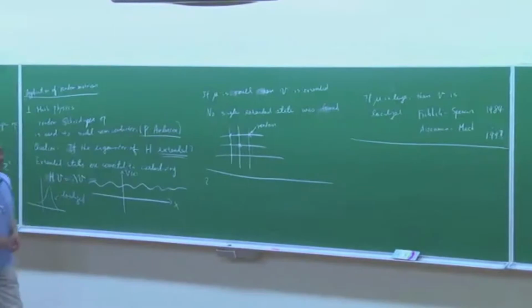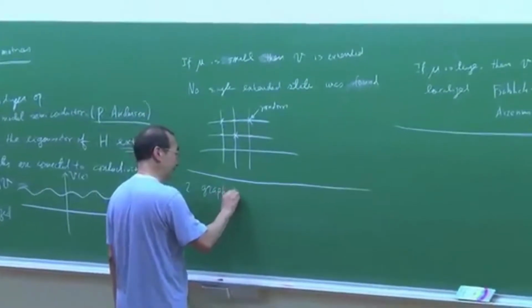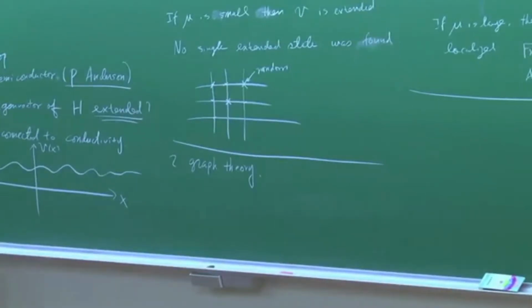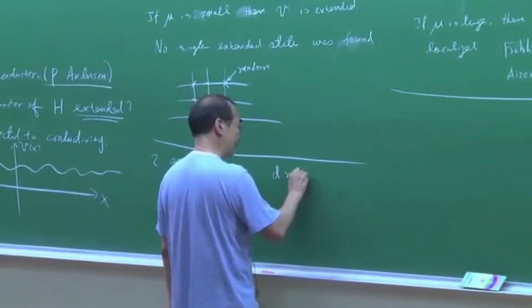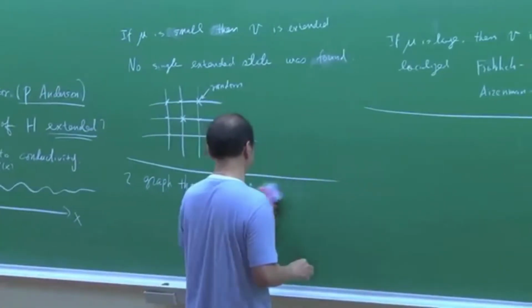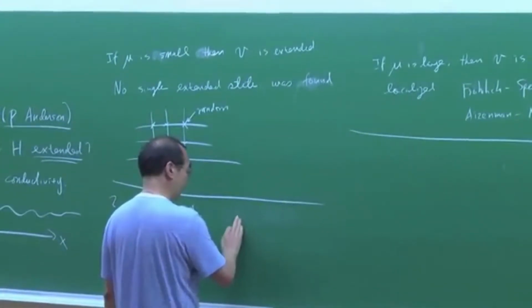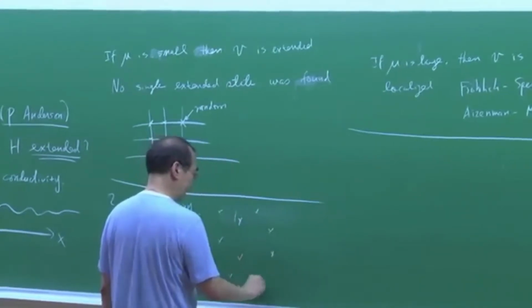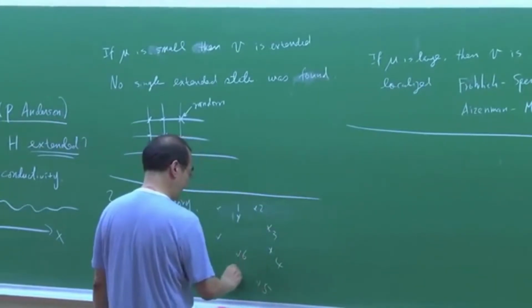Okay. So the second example is graph theory. Here I give an example of a D-regular graph. Suppose you take a graph with vertices 1, 2, 3, 4, 5, 6, 7.